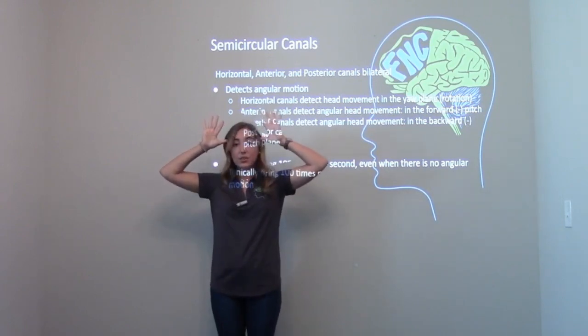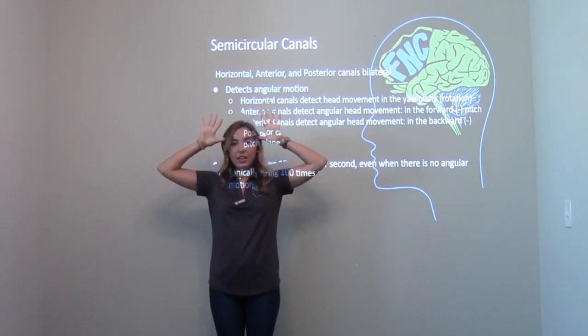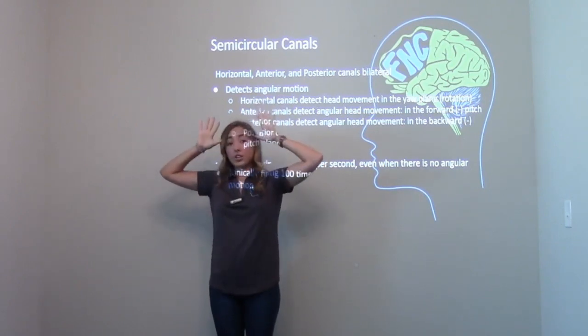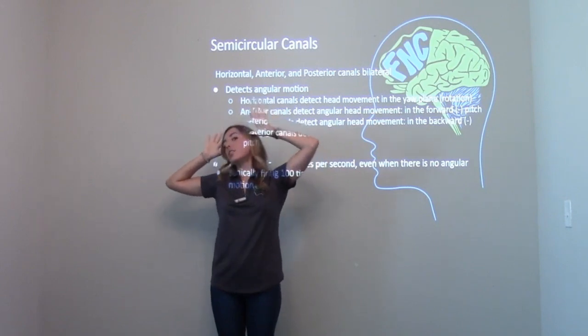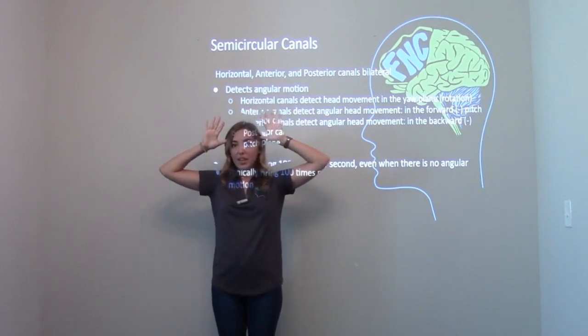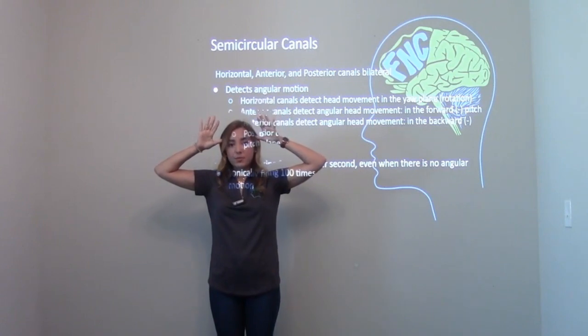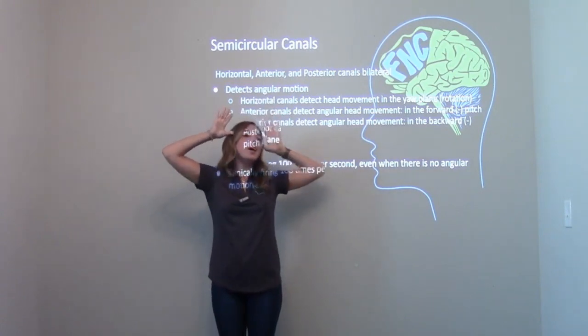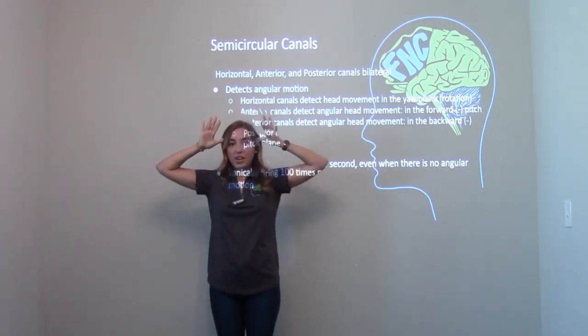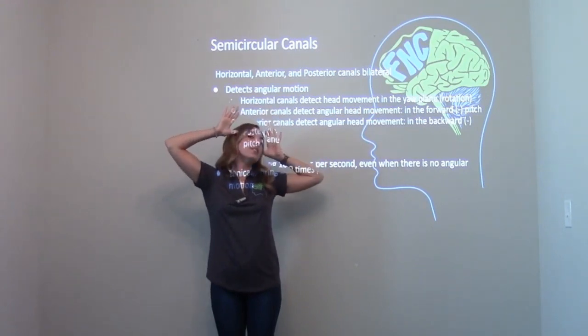To get into the right posterior canal, you're going to take your right hand and move it back, so your head is going back and to the right. To move into the left posterior canal, you're going to take your left hand and bring it back, which is moving your head back and your face to the left.